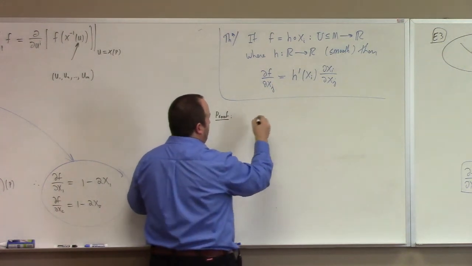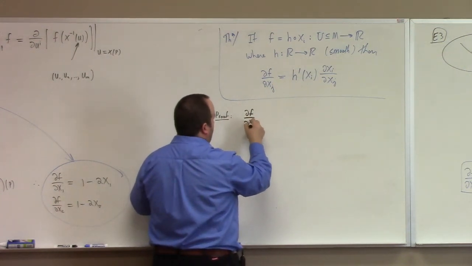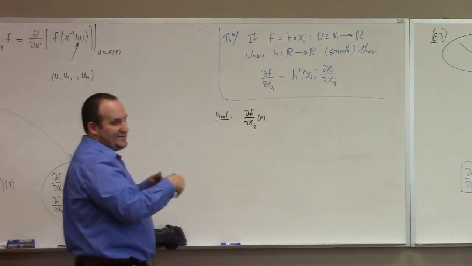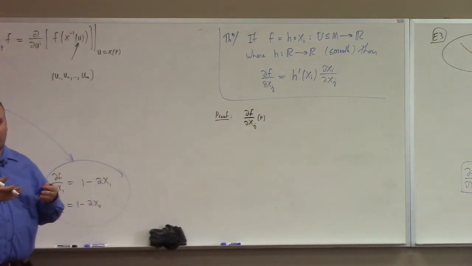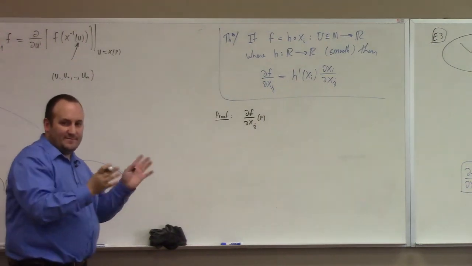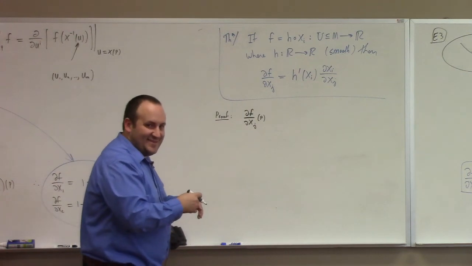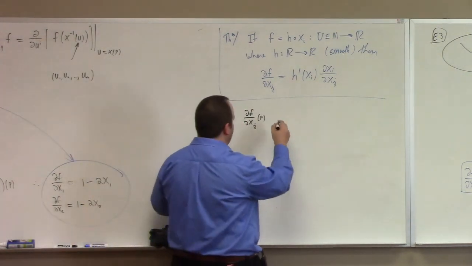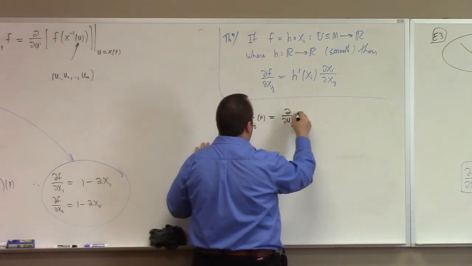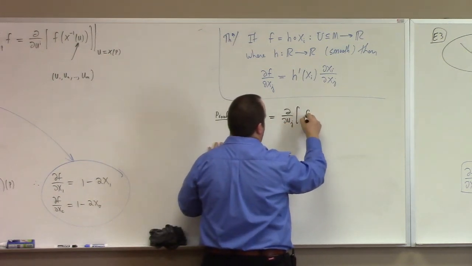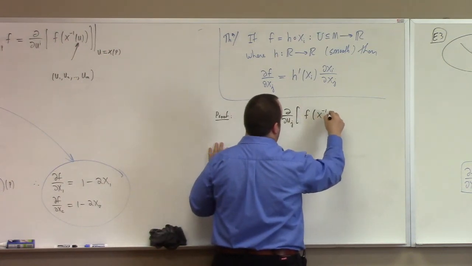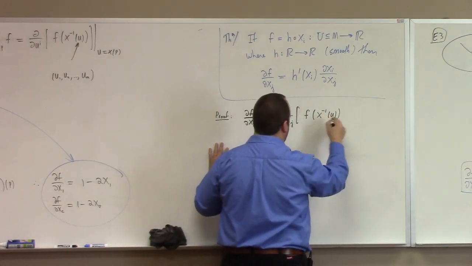So what's partial f, partial xj at p? I'm assuming xi is the ith coordinate function of a chart on a manifold, and domains and nearness have been addressed and so forth. Okay, so this is partial uj of f of x inverse of u, right?